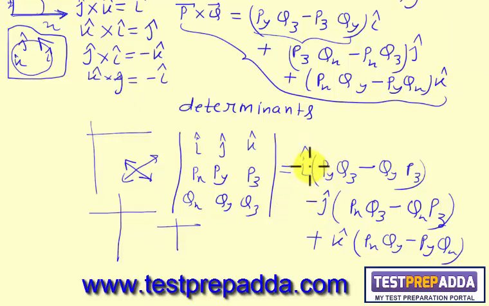Now you can see all these terms are matching here. So instead of memorizing this, you can use determinants to get the value.